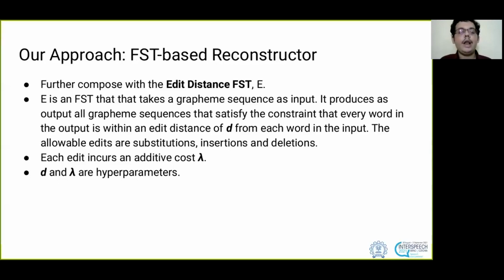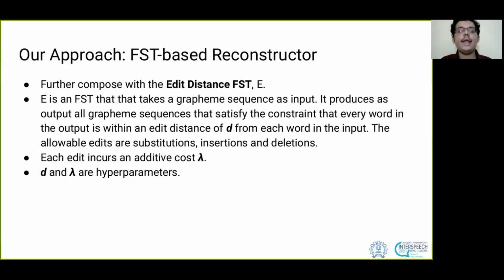The allowable edits are substitutions, insertions, and deletions. Each edit incurs an additive cost lambda to dissuade too many edits. Now, D and lambda are hyperparameters in our approach and are tuned on the speech recognition dev set.